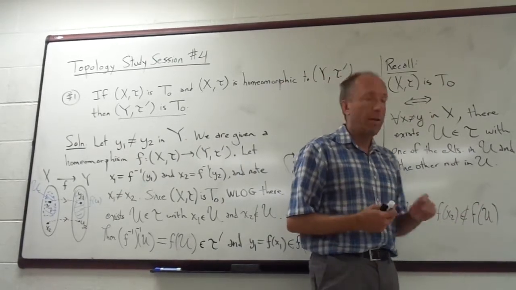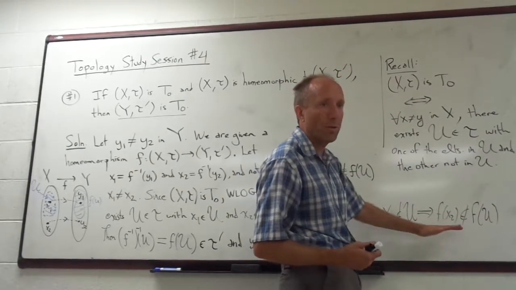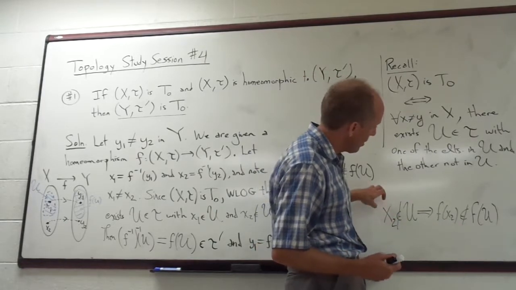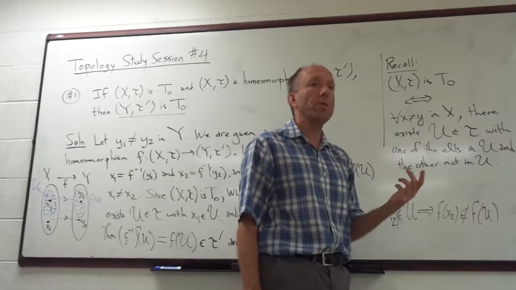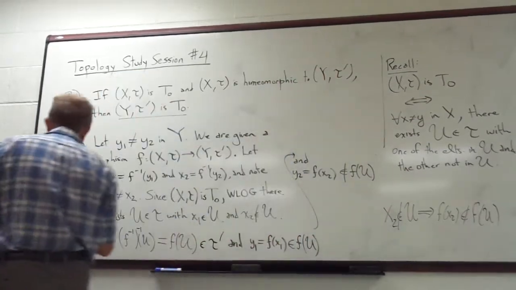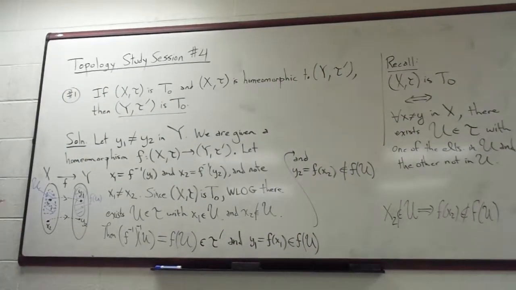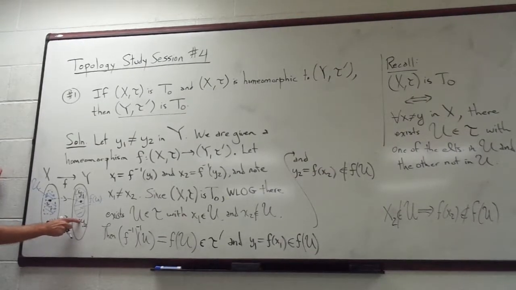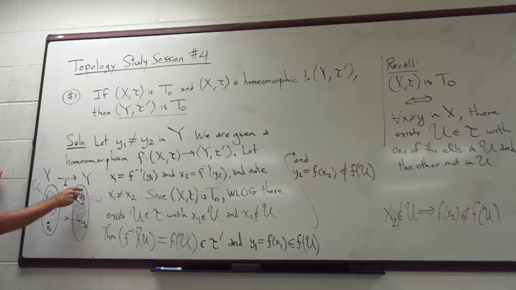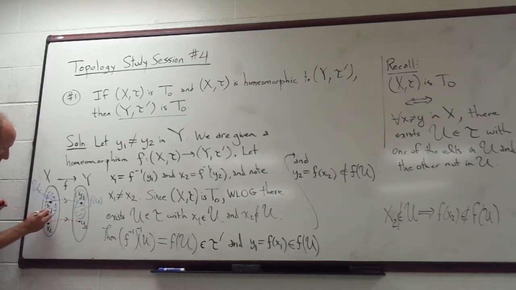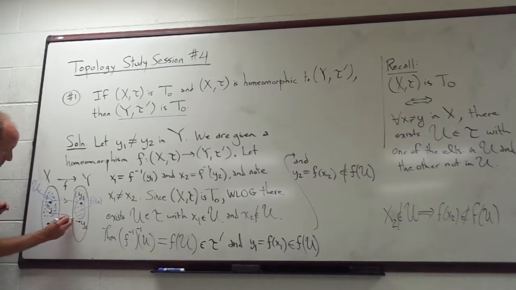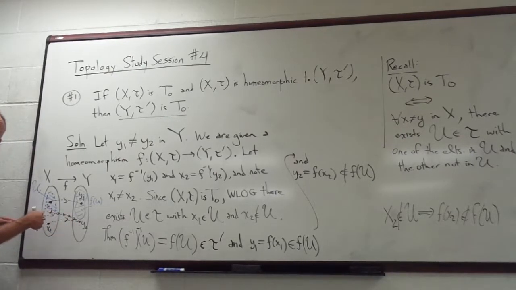But the only way that this could ever happen would be if the function was not one-to-one. If you look at the picture here, f of x2 is equal to y2. If y2 was in f of u, then that would mean something from u would have to map to y2 also, and now you have a failure of the one-to-one property.